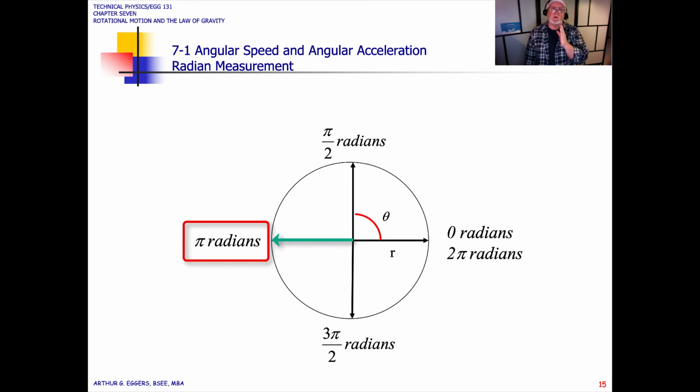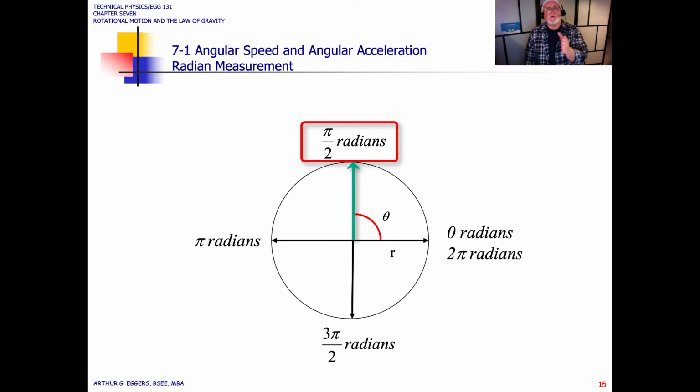Let's step forward one more time. If we move it exactly 180 degrees, we have pi radians. If we go back to pi over 2 radians, you can see that we have moved through pi over 2 radians, or half of the distance.